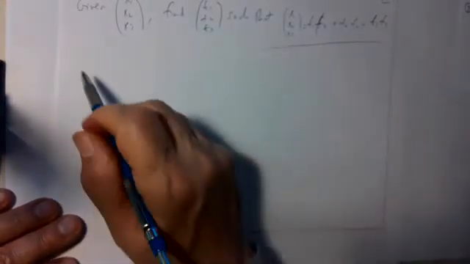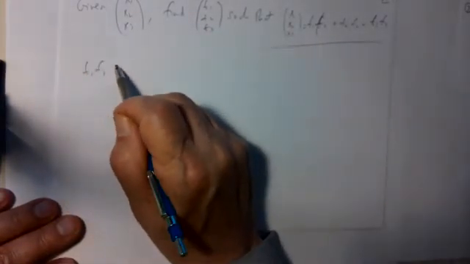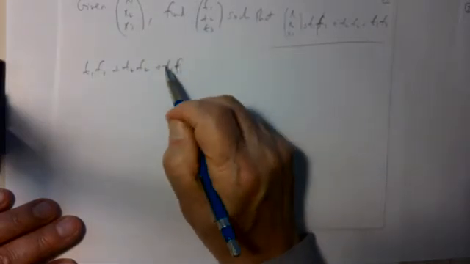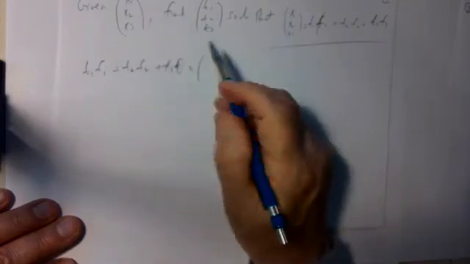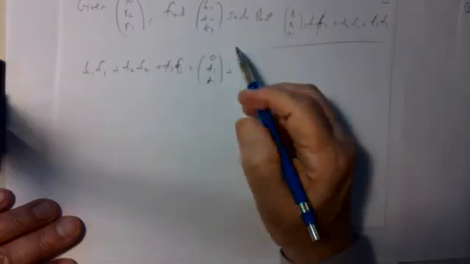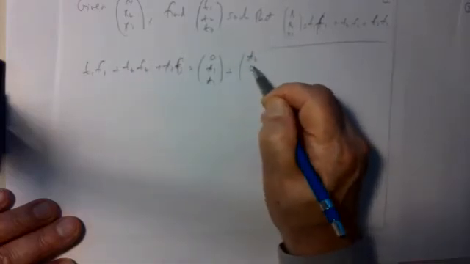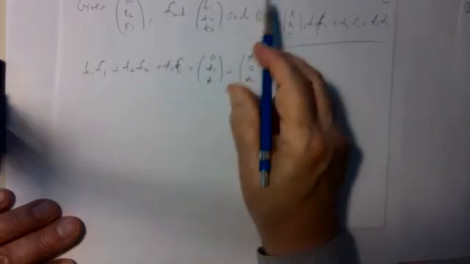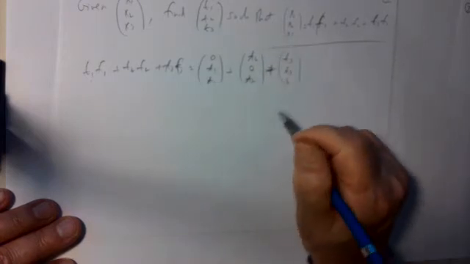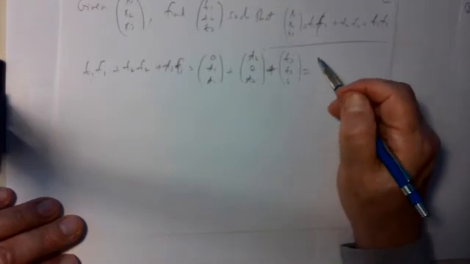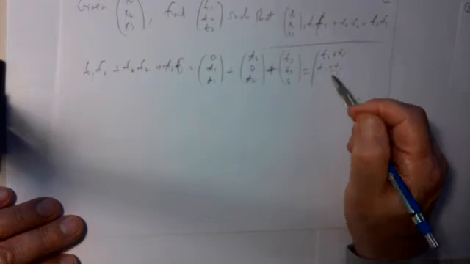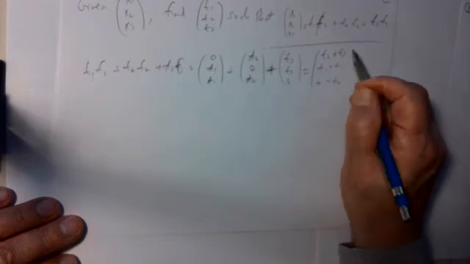So let's just expand this. What does this mean? If I have T1 F1 plus T2 F2 plus T3 F3, that's T1 times F1 is (0, T1, T1). And T2 F2 is (T2, 0, T2). And T3 F3 is (T3, T3, 0). When I add, I get (T2 plus T3, T1 plus T3, T1 plus T2).